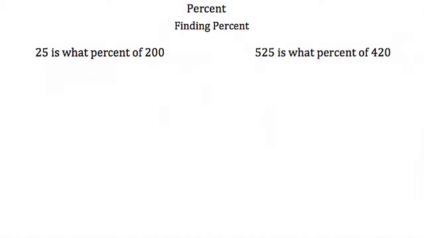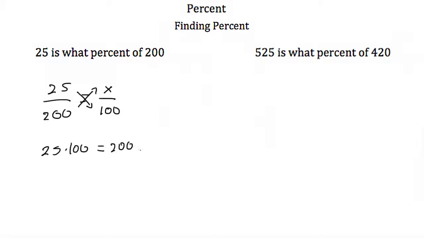Now let's see if we can go the other way and use some numbers to find our percent. Here we're asked 25 is what percent of 200? Well, we can use the ratios again, where we have 25 over 200, and we're asked to find the percent. Well, the percent is the number over 100, and these ratios have to be in proportion, so we can cross multiply them, and we'll get 25 times 100 is equal to 200x.